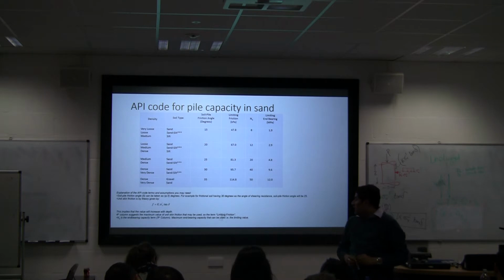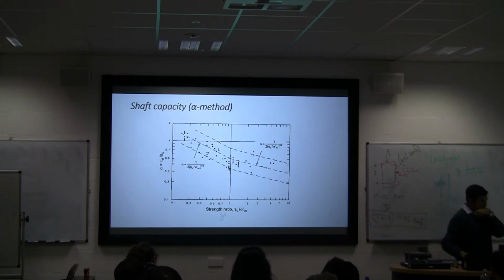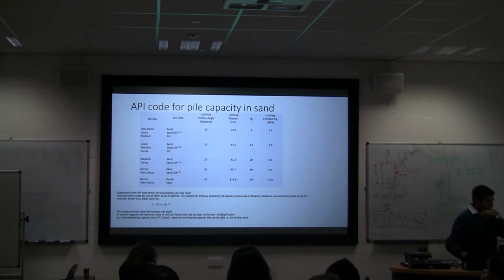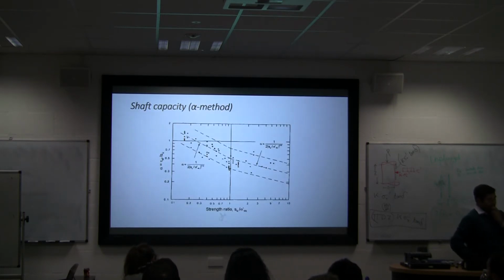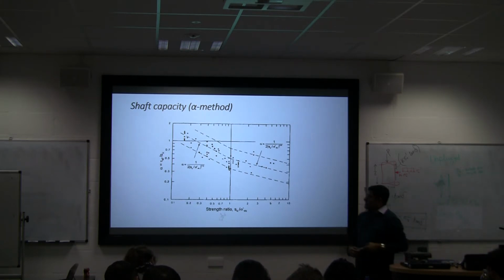All right, and this is how you can do it. Okay, and then in terms of clay, that's for sand. In clay, what it does is it works out a strength ratio.